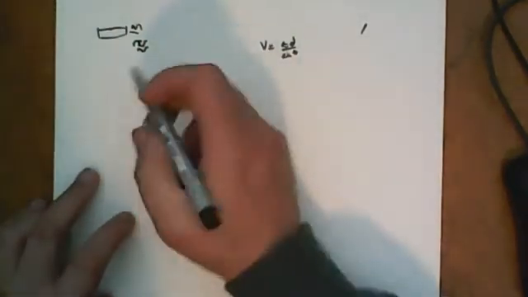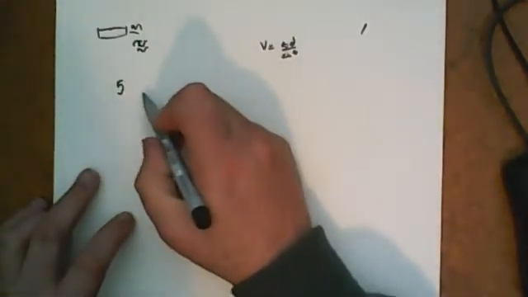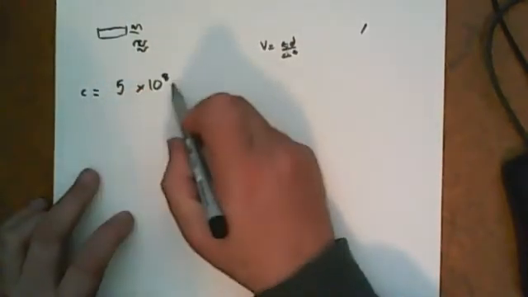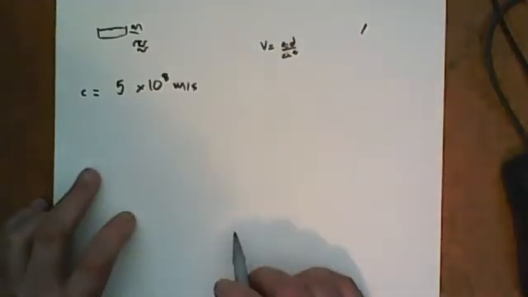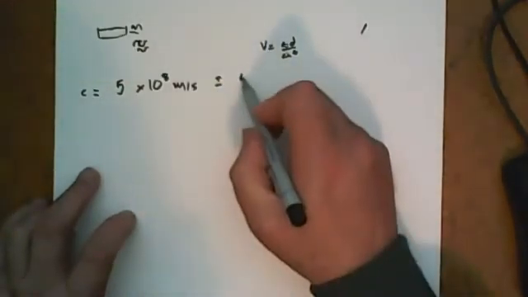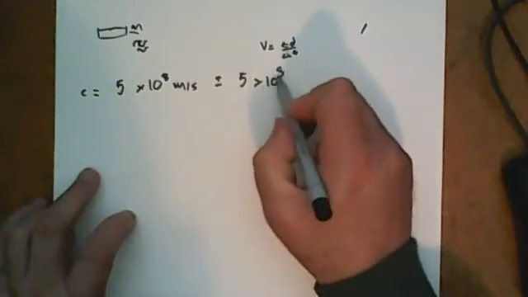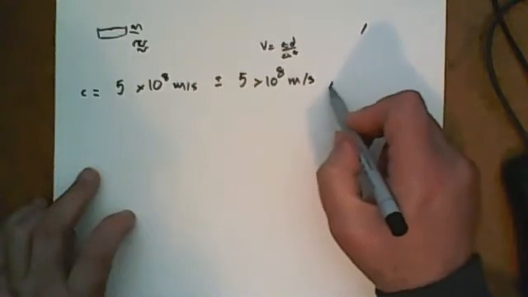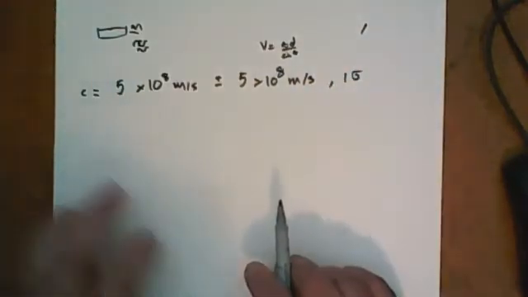I was supposedly accurate to within 1%. And I worked out the speed of light was 5 times 10 to the 8 meters per second, plus or minus 5 times 10 to the 8 meters per second, to 1 standard deviation.